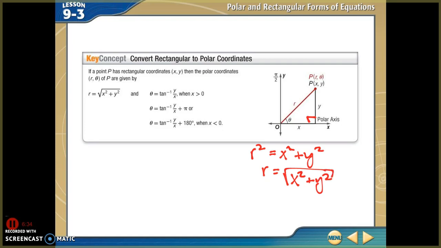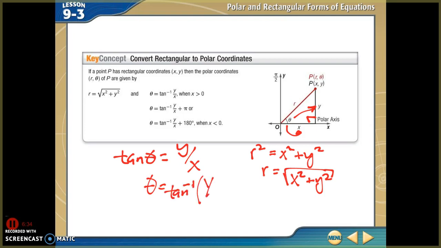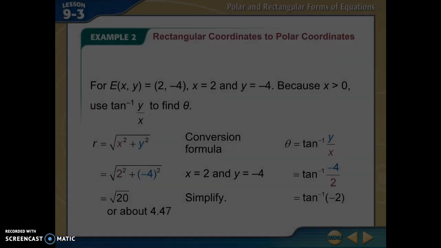And then theta, since y is opposite and x is adjacent, we know that tangent of theta equals y over x. So theta is tangent inverse of y over x. That gives us a value that we can use.